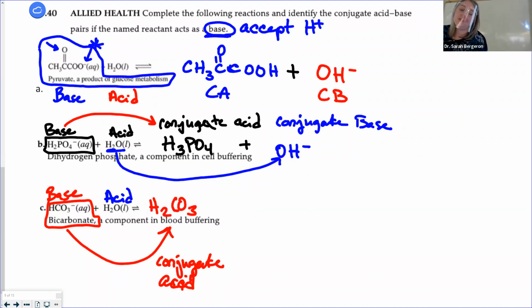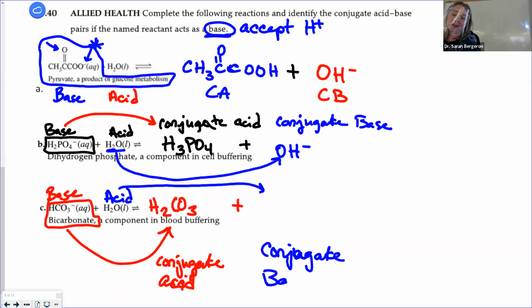Do I have a charge? No charge. That was free advice, right? And then what happens to my acid? It turns into a conjugate base. And the conjugate base, I heard someone saying, is OH minus.